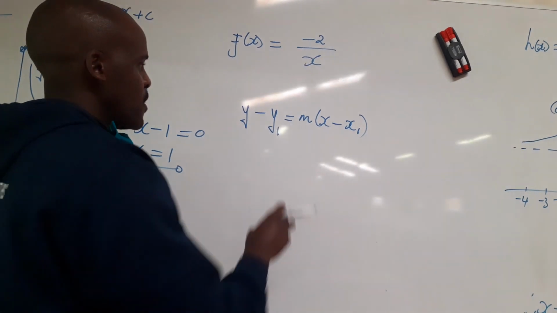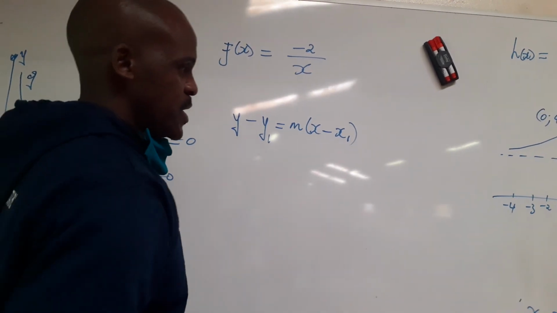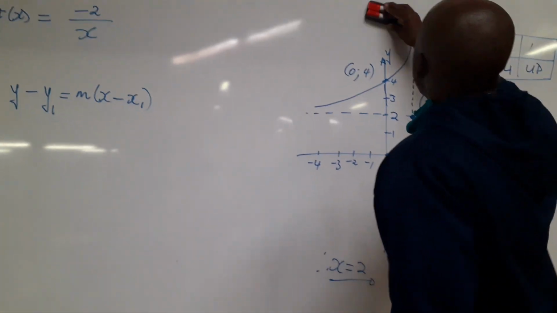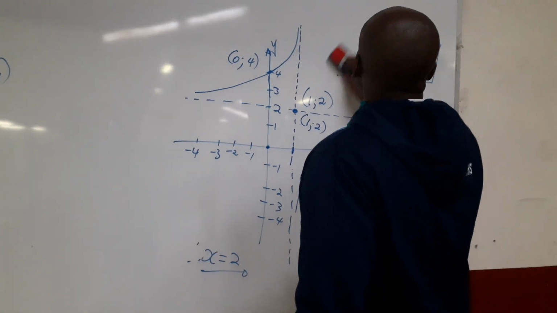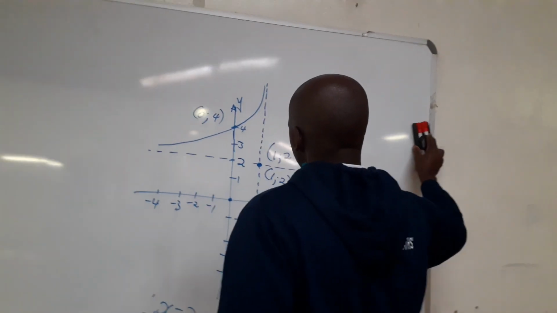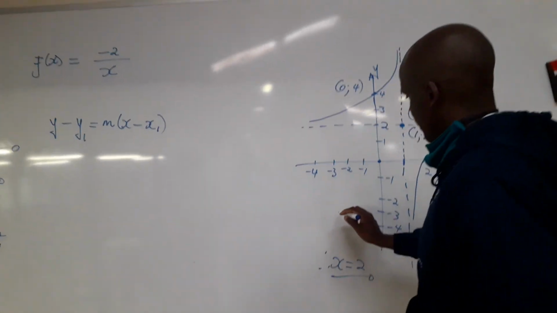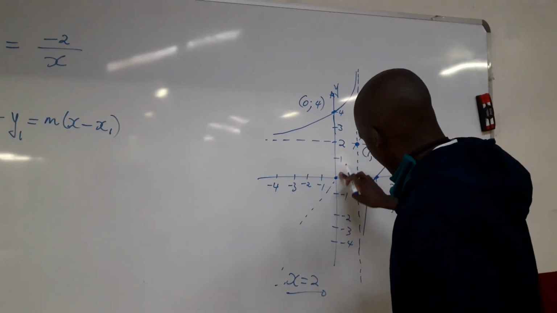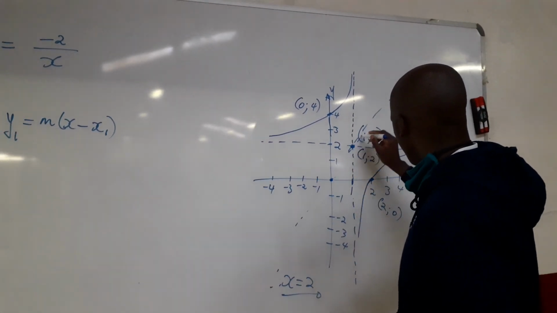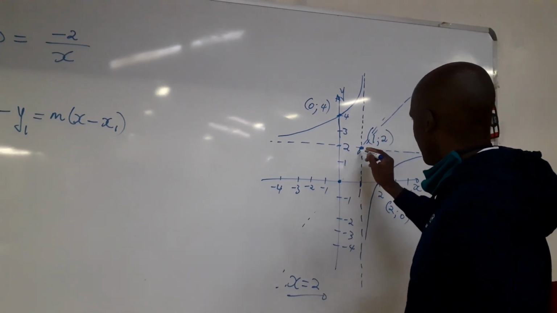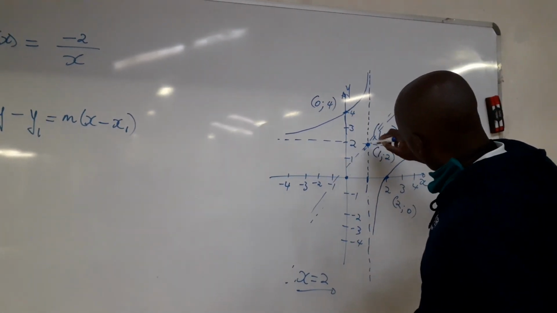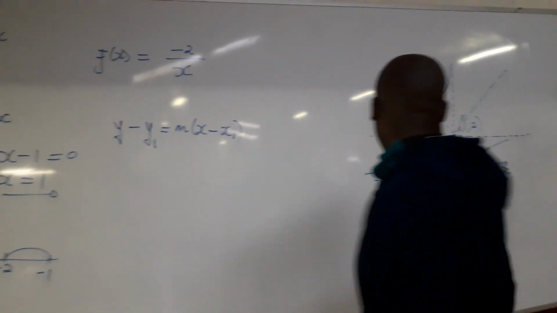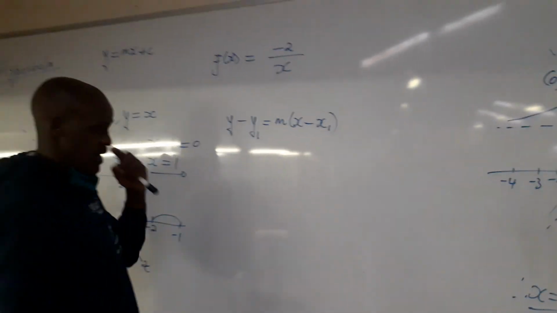Remember, it has to pass there to divide this into 2 equal halves, or it goes like that. We do not know the x and y-intercept for those lines. Let's see them.